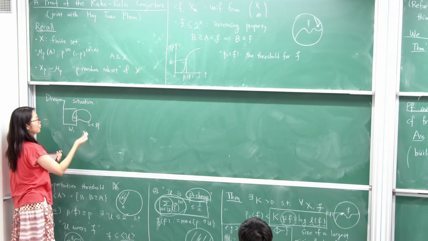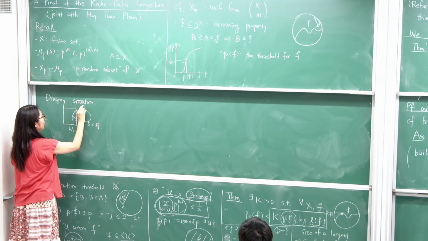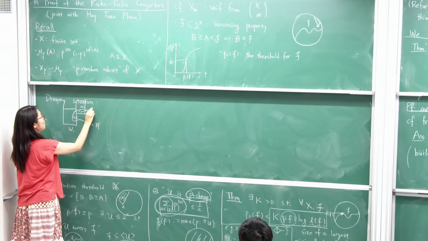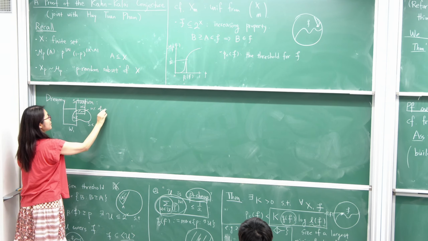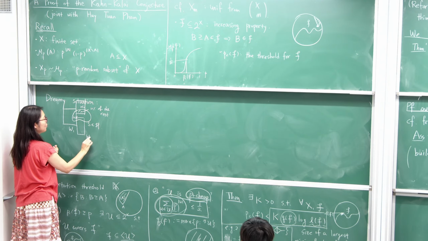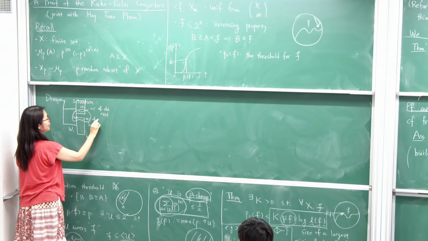And if we sprinkle the second random set W2, then we dream that maybe it contains 10% of the rest. And if we sprinkle the third random set W3, then this contains, again, 10% of the rest.